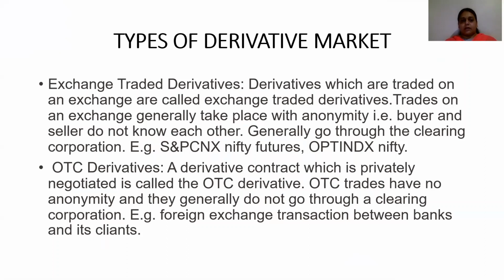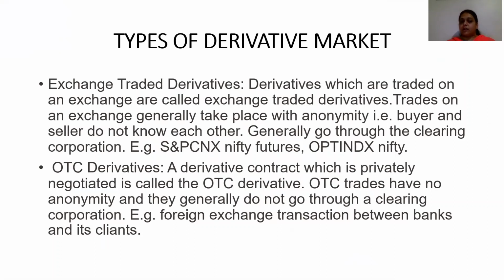Types of derivatives market. There are 2 types of derivatives market: exchange traded derivatives and OTC derivatives. In exchange traded derivatives, all derivatives are traded through exchange houses, buying and selling, and maybe they do not know each other, like in S&P CNX Nifty futures, etc. In OTC derivatives, a derivative contract is privately negotiated.